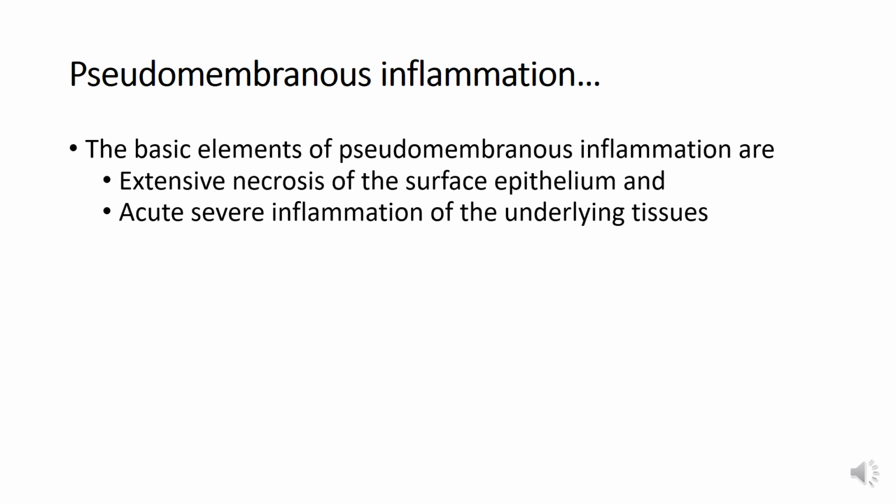What happens, like I've already explained, is extensive necrosis of the surface of the epithelium, and then accumulation of the other cells and the fibrin that comes into play when there is an acute inflammatory reaction, and then there is also acute inflammation of the underlying tissue.